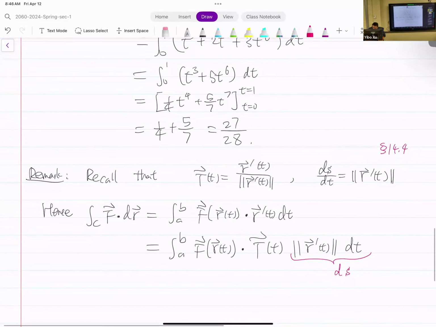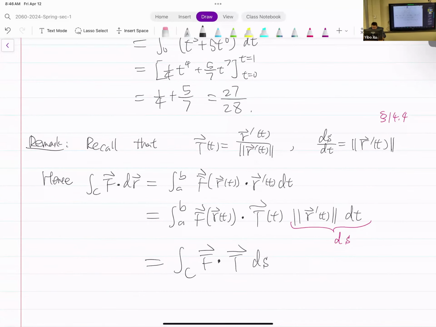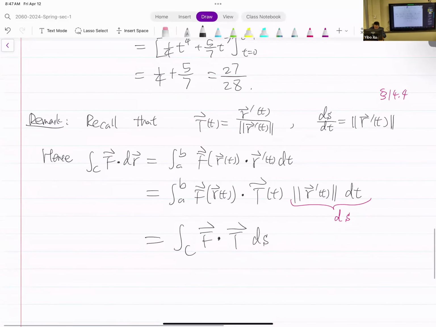Okay, so now if we change the variable, this is ds. Then the whole integral becomes integrating along the curve with respect to the arc length. So I'm putting the curve C back. So this is integrating along the curve with respect to the arc length of F dotted with T, the unit tangent direction. So this is the vector field dotted with the unit tangent direction.